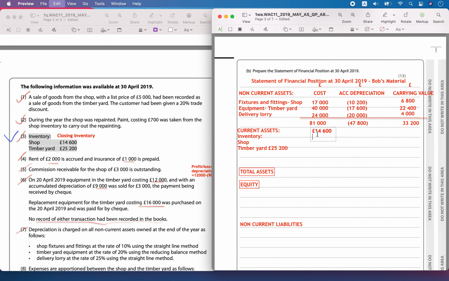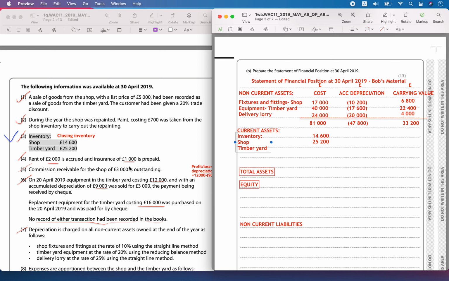Its value is 14,600 for the shop, and for the timber yard it is 25,200. Okay, this is the closing inventory.